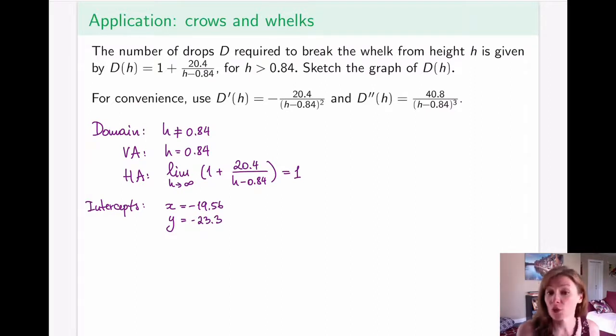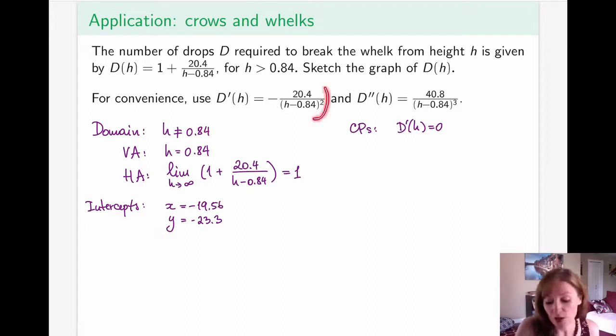Let's move into the critical points, intervals of increase, decrease, and potential inflection points. For critical points, remember that the first thing I have to do is find the derivative and set it to be 0 or not exist. In this case, the derivative is provided to me, so I just have to consider two cases. When is the derivative 0 and when does it not exist? With rational functions, this actually becomes a fairly straightforward process.